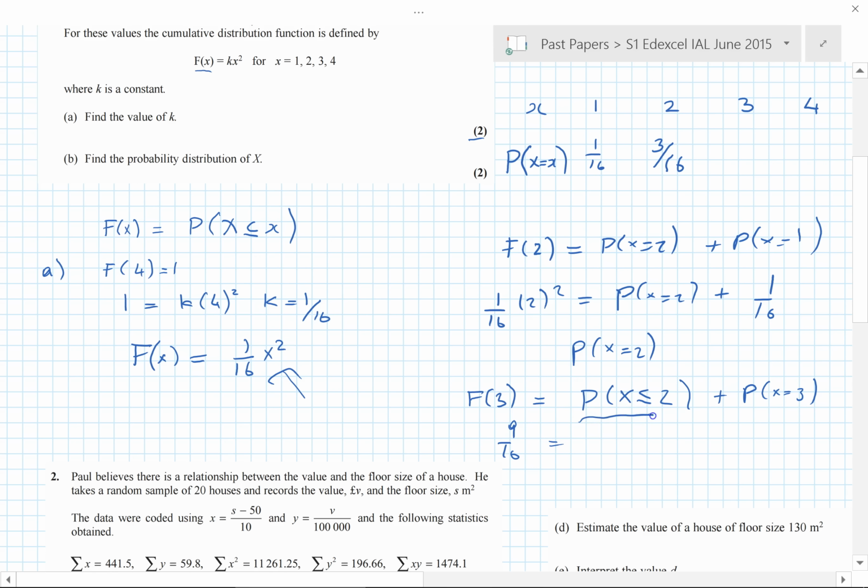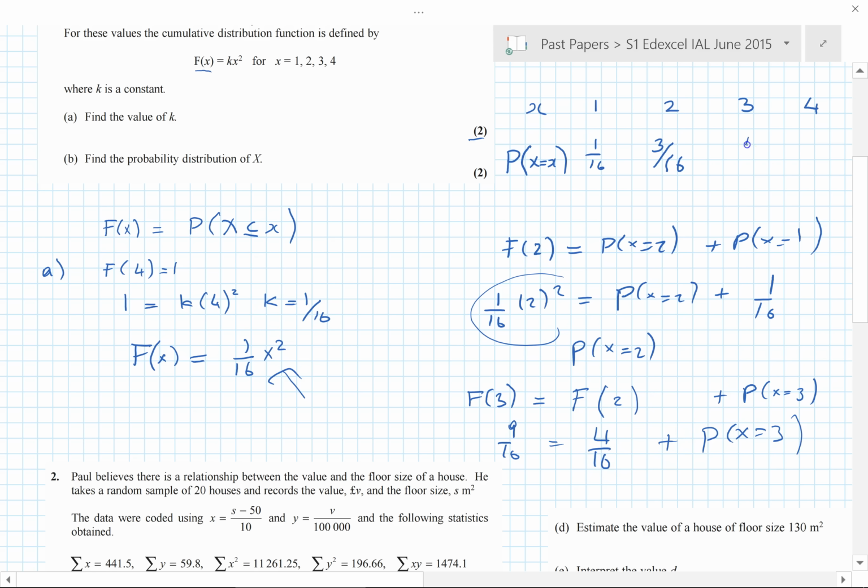I could equally have written F(2) here, which we've worked out before, 4 over 16, plus P(X = 3).